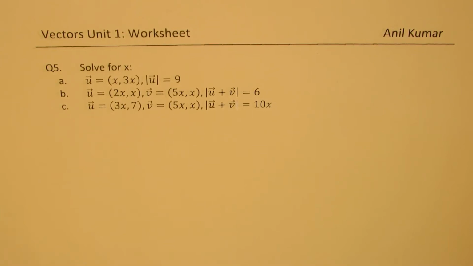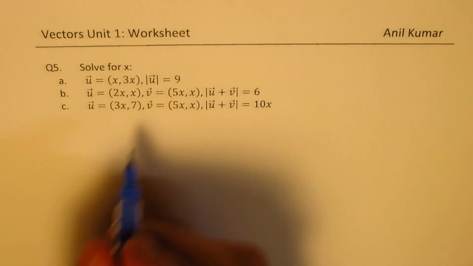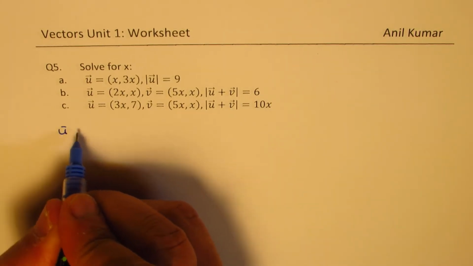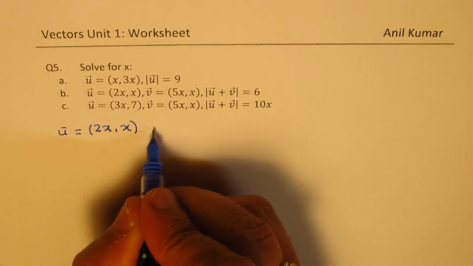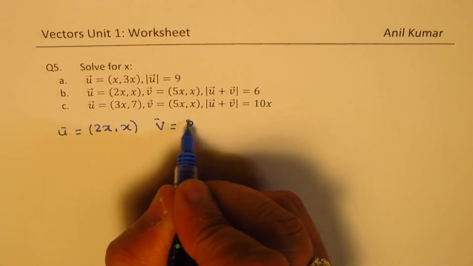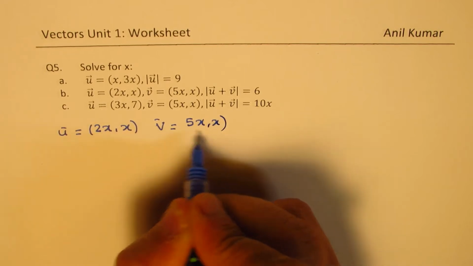In part B, we are given two vectors and the magnitude of the sum of these vectors is 6. So let us find the sum of the vectors first. So we are given the vector u as 2x, x, vector v as 5x, x, correct?